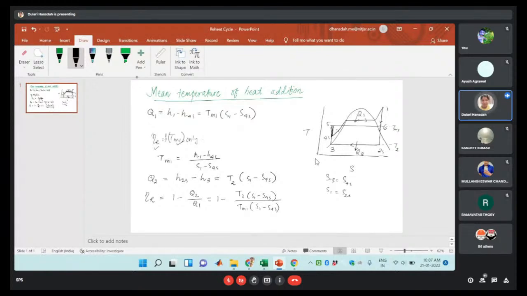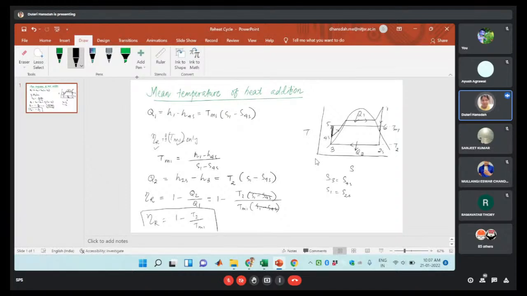So these terms will get cancelled. S1 S4 and these two will get cancelled, and the equation will reduce to eta_R = 1 - T2/Tm1. So if you observe in this case, the efficiency of your Rankine cycle will depend upon the T2 temperature.